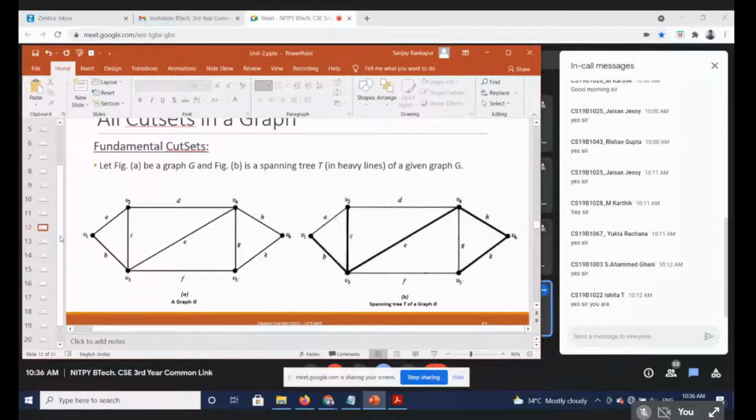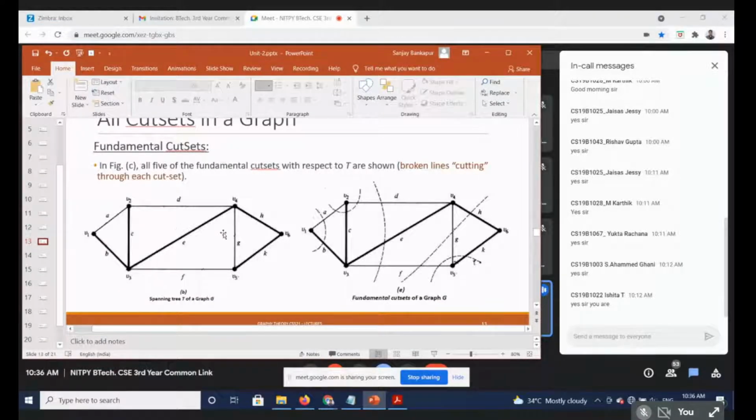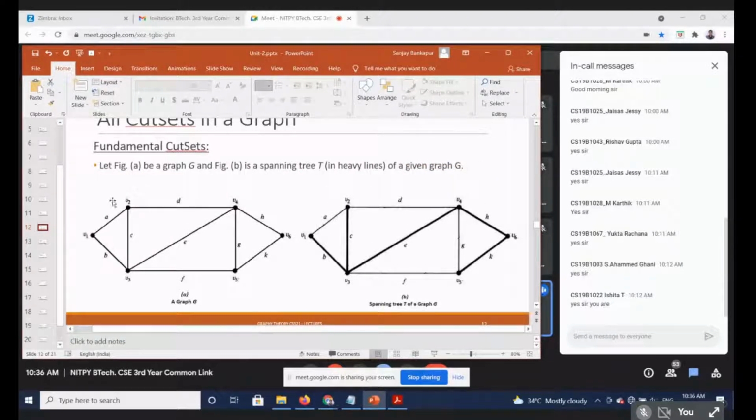Now, for this spanning tree, there are only 5 fundamental cut sets. It is always with respect to the given spanning tree. If this graph is given to all the students, definitely they will come up with different spanning trees.